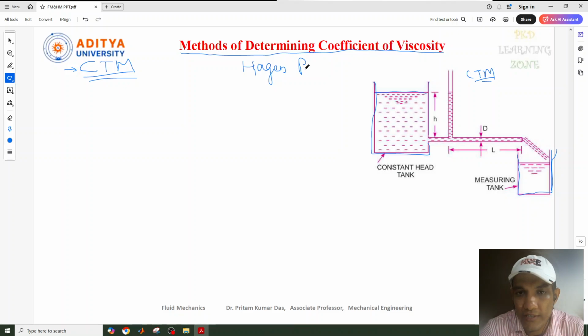Based on this theory, we are going to calculate the coefficient of viscosity. The capillary tube method is based on the Hagen-Poiseuille law, and this law is used to calculate the viscosity.